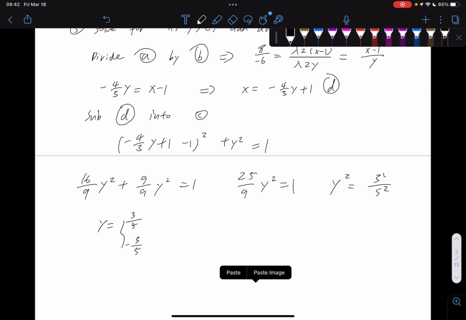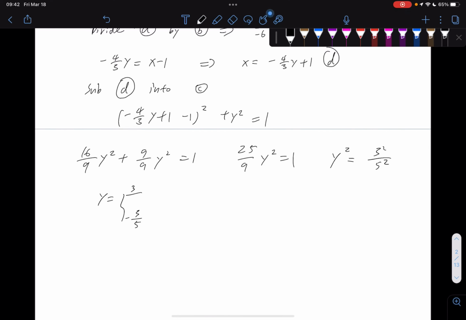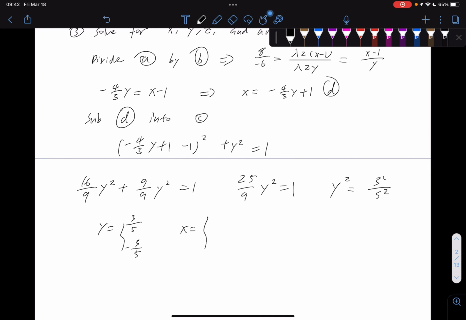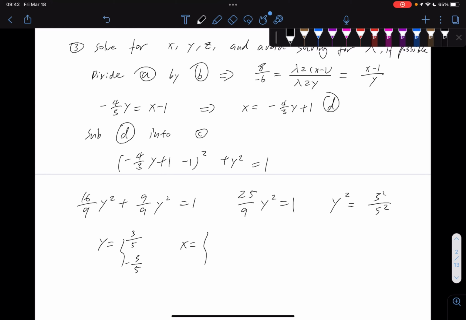So that means if y equals these two numbers, then from equation Delta right here, we know that x equals negative 4 over 3 times 3 over 5, where 3 over 5 is the value of y here. Oh, sorry, I need a plus 1 as well. So that's 5 over 5, so negative 4 over 5 plus 5 over 5, that's 1 over 5.